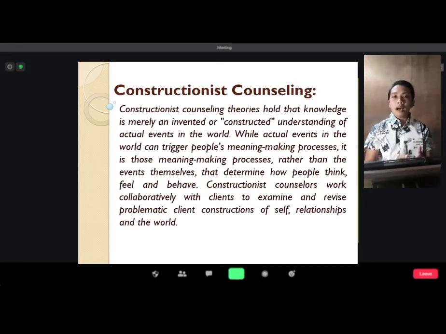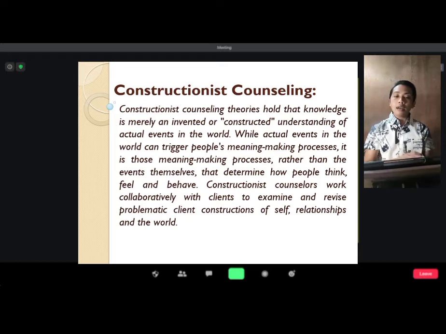Kumbaga, hindi siya actual events. Though it triggers the problems, halimbawa, it is how you perceive, how you construct, how you interpret the events. Dito under this constructionist counseling theory.